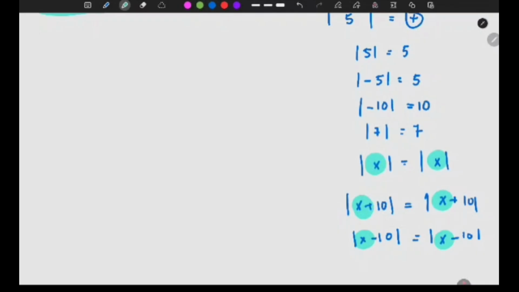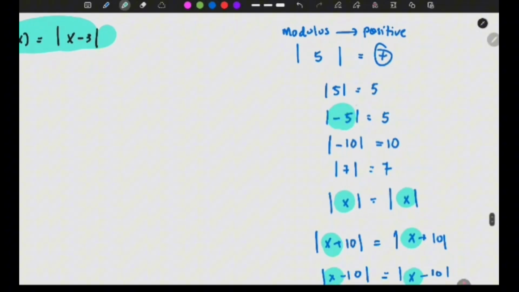But what if there's a normal number? You will get the final answer directly. So take note, guys. When you have an unknown, you will get the same result, no change. But when you put a number, you will get a positive outcome. Everything is positive.